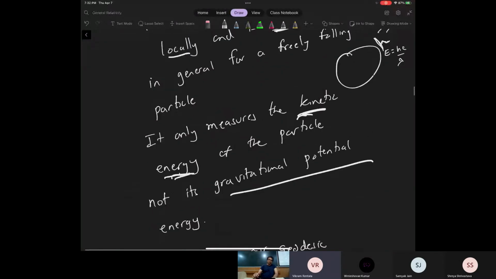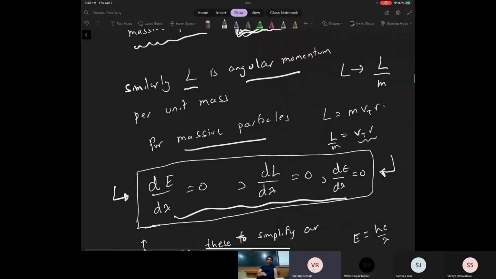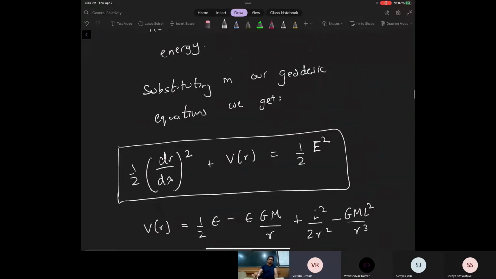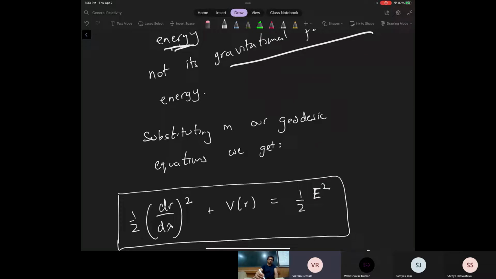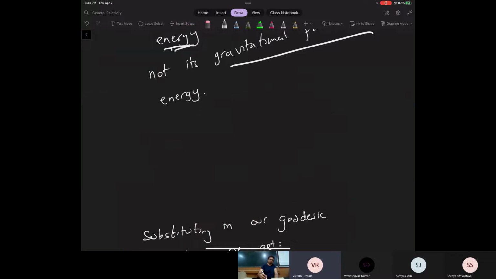Okay, so now what we can do is we will use these three equations, and we'll use our dr by d lambda equation.